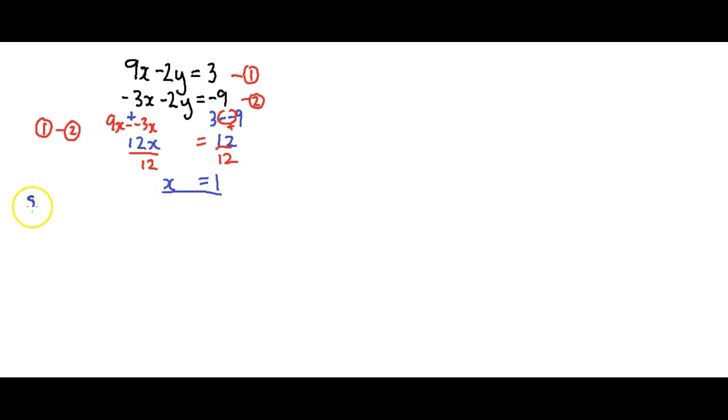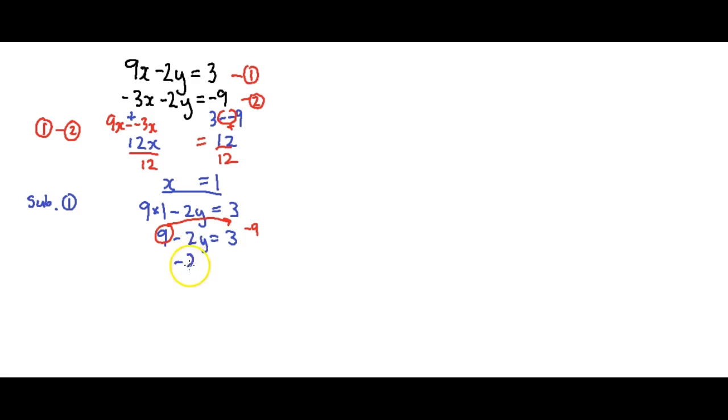Now I'm going to substitute this value back into equation 1 so that I can figure out what y is. So replace x with 1: 9 minus 2y equals 3. Going to change the side of the 9, becomes a minus 9 over the other side.